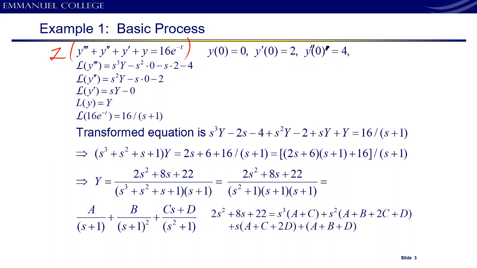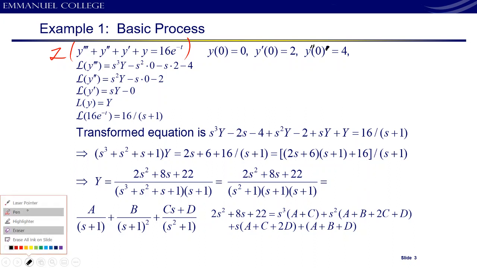Now, I could use negative 1, but if I plug in negative 1, the only thing that doesn't cancel out is B, because A and the cs plus d terms vanish. So you could find B, not very easily, but easier using the Heaviside method.